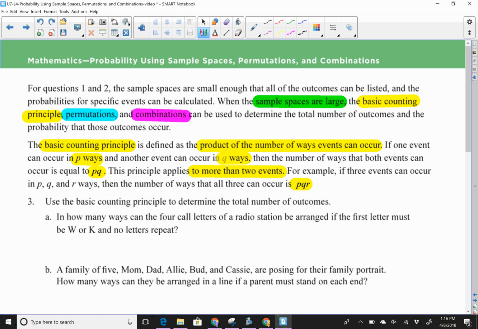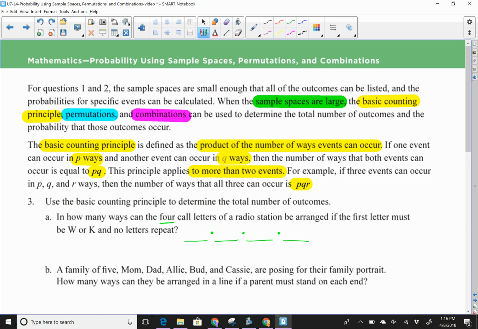You've got to figure out how many different choices you're making. I have 4 call letters, so I like to put down blanks. I have to make 4 choices. I have to put a letter in for the first, second, third, and fourth blank. So there are so many different ways that can happen, and when I figure out how many different ways, I'm going to multiply all those ways together.